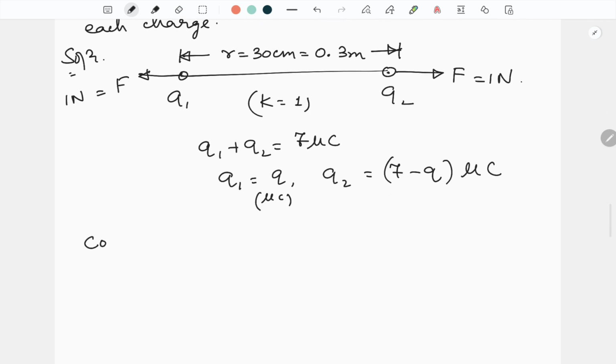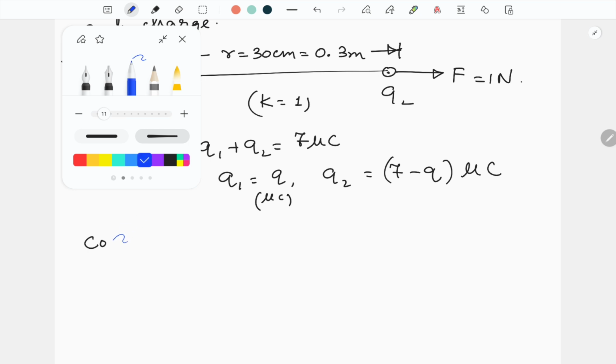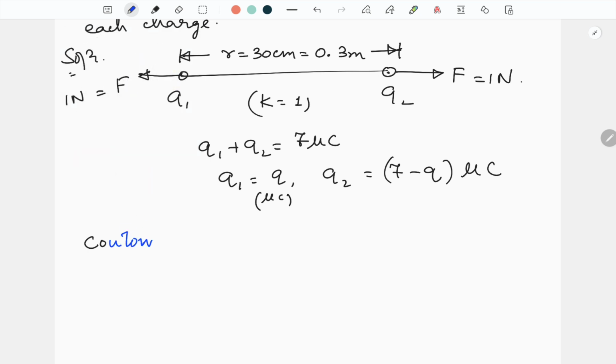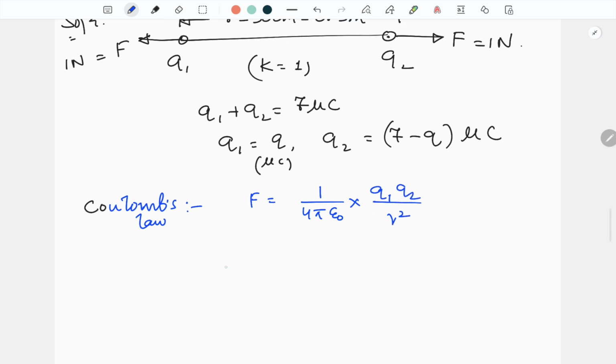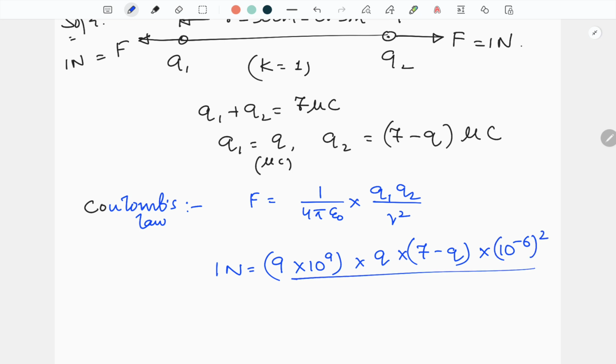So Coulomb's law says that F is equal to 1 by 4 pi epsilon naught q1 q2 by r square. So as F is equal to 1 Newton, 1 by 4 pi epsilon naught is 9 into 10 to the power 9. Q1 Q2 we will write as q multiplied by 7 minus q, but they are in microcoulomb, we have to multiply 10 to the power minus 6 two times, so it becomes a square of this.